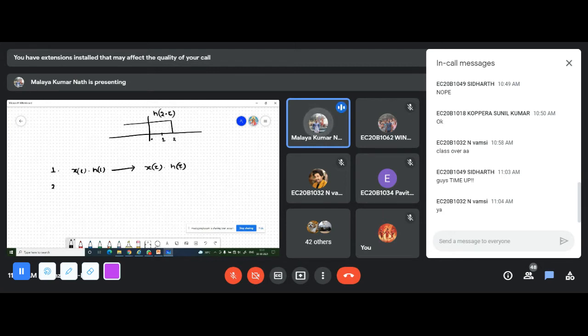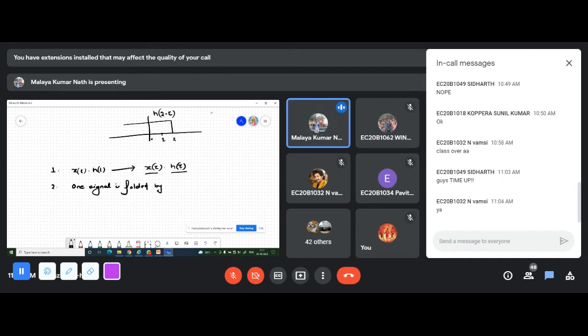The second point: any one signal, x of tau or h of tau, is rotated by 180 degrees. Rotated means I can say it is folded. In your book, you can see that it is folded.